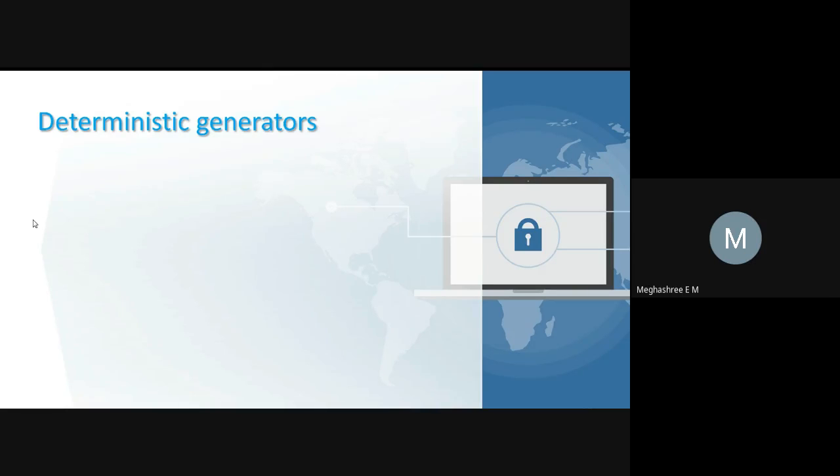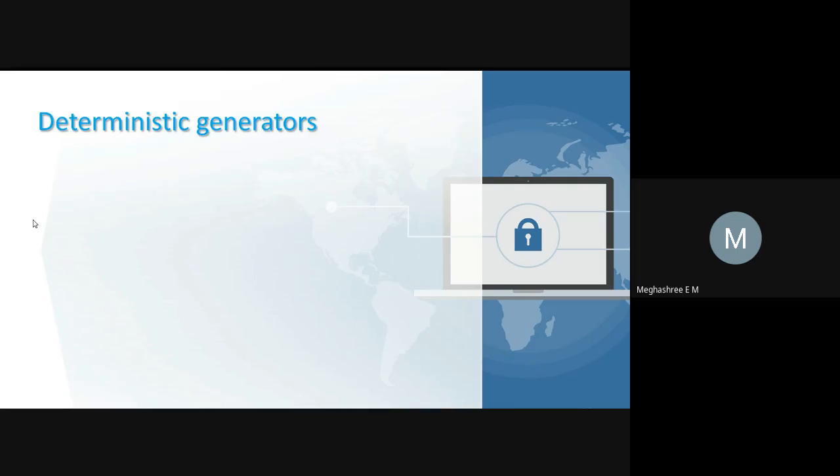Which is the first method that we discussed in the last class? It is non-deterministic random number generators. Non-deterministic means it is not determined. The numbers generated using non-deterministic generators, you can't predict the sequence. Uncertainty is involved, and it is unpredictable.